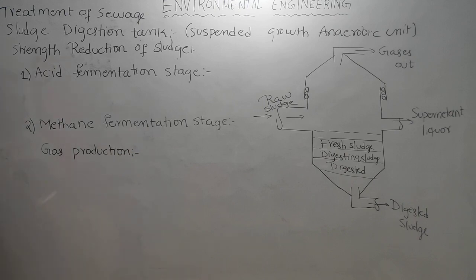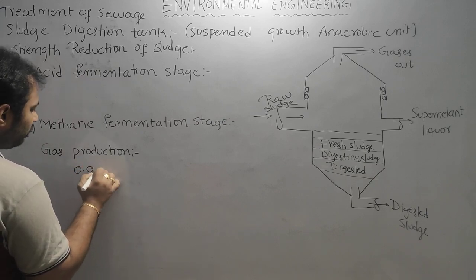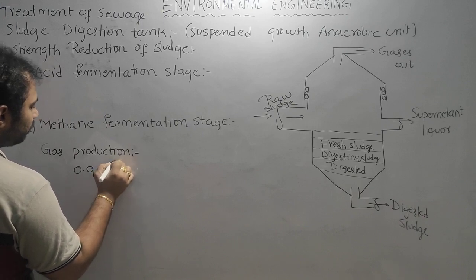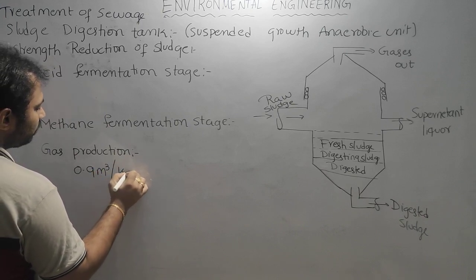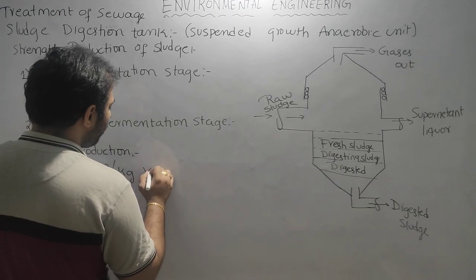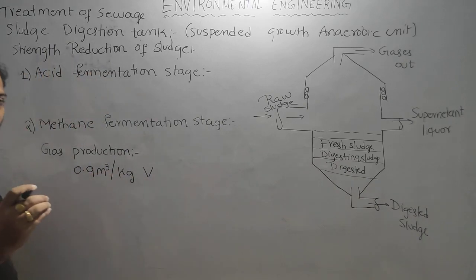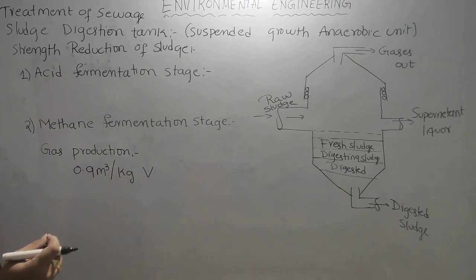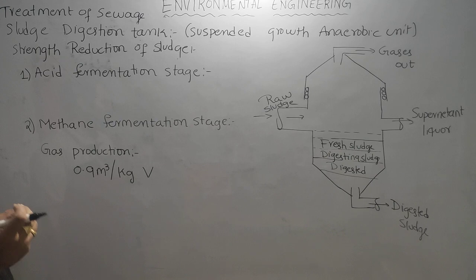During sludge digestion, gas will be produced at a volume of 0.9 meter cube per kg volatile solids. Non-volatile means inorganic solids, and those do not contribute to gas production.